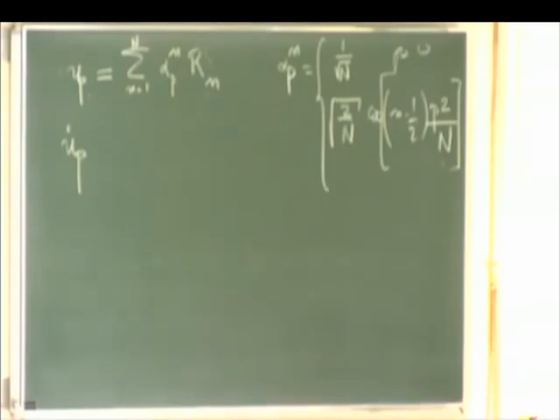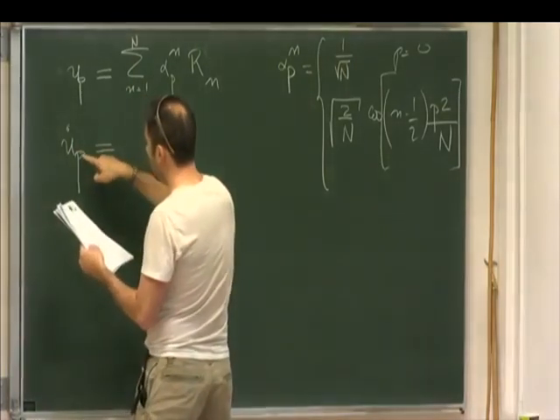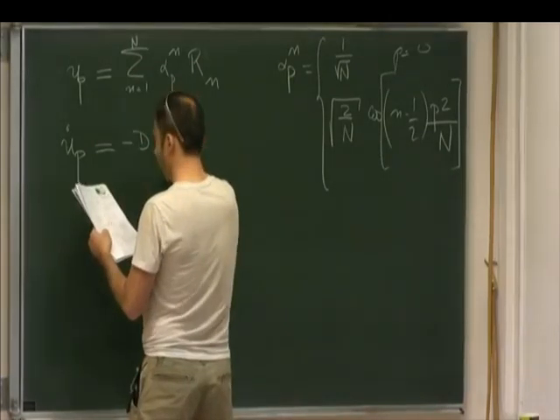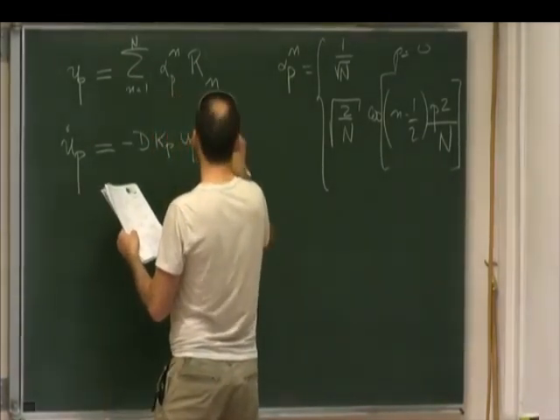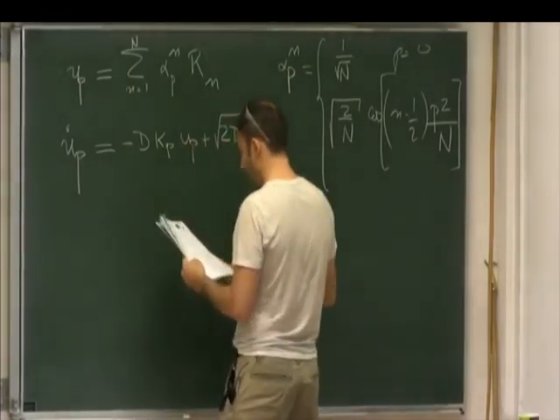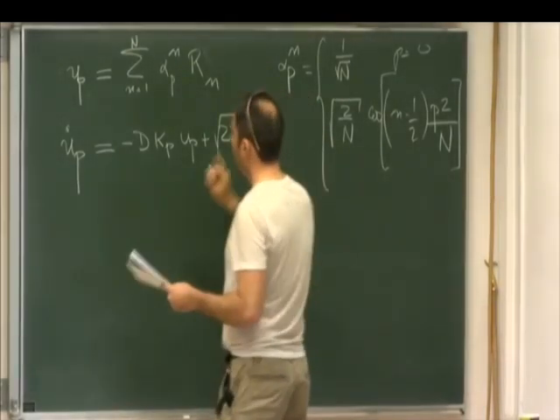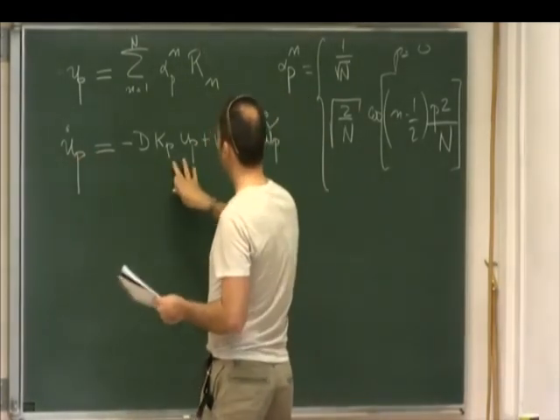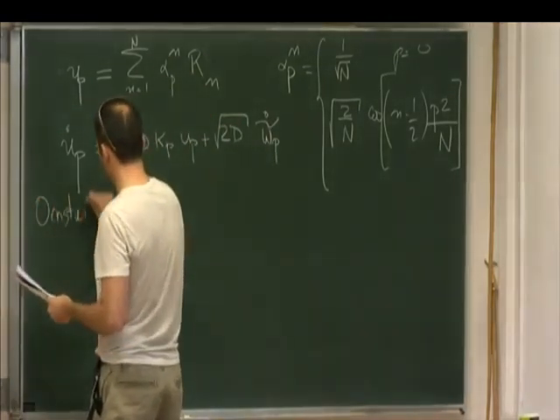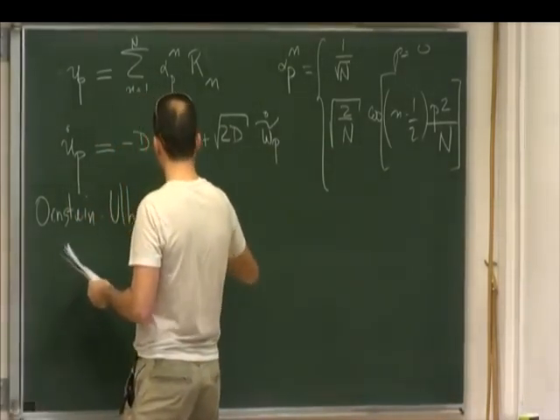And I'm going to write an ensemble of Ornstein-Uhlenbeck processes, which is dUP/dt equals minus D kappa P UP plus square root of 2D times a noise w dot tilde. So let me explain. This is the Ornstein-Uhlenbeck process.